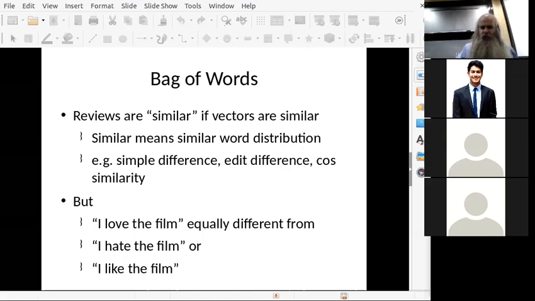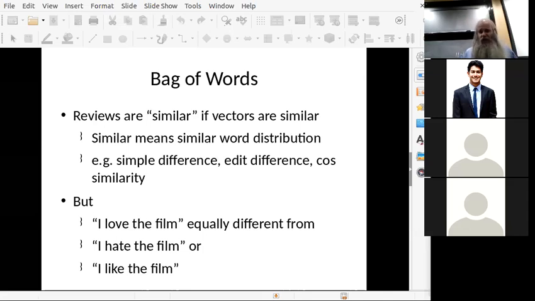So if the review said, I love the film, 5 stars, and another review said, I hate the film, 1 star, and somebody else said, I like the film, 4 stars, the distance between I hate the film in this vector space and I love the film in this vector space is, depending on what you're doing, only one bit different, or one vector that's different, which is the representation of the word love versus hate, and then versus like. And we've effectively got all of these words being equally different.